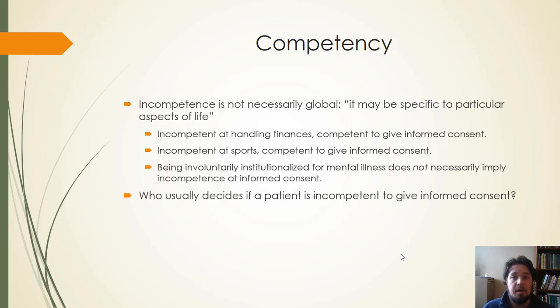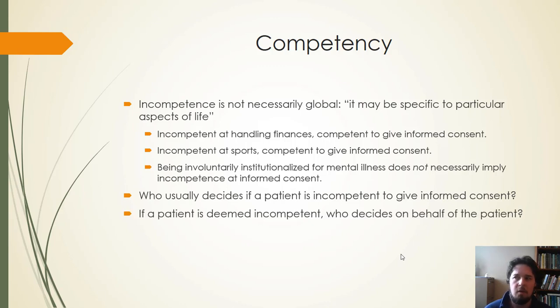Another ethical issue that arises here is who decides if a patient is incompetent to give informed consent. Often it's the healthcare professional who makes this decision, but sometimes it has to go to court. Judges might have to make that decision depending on the case. And a question that we considered last time was, if a patient is deemed incompetent, then who decides on behalf of the patient?